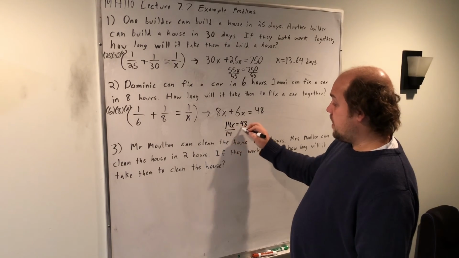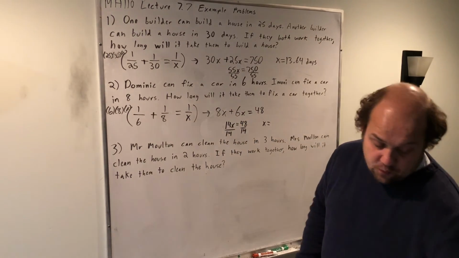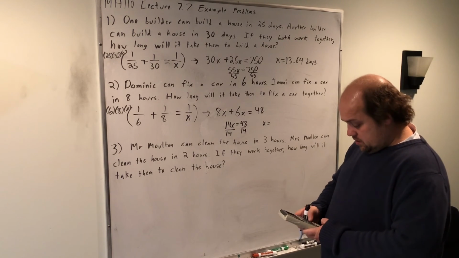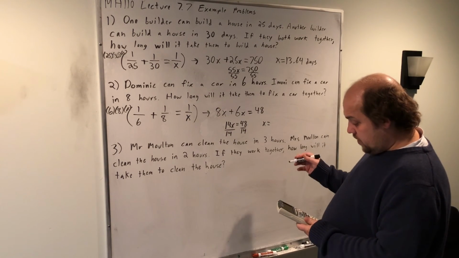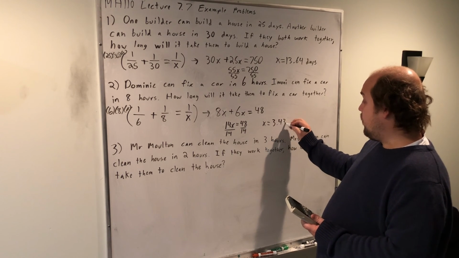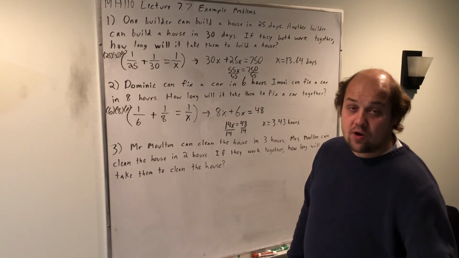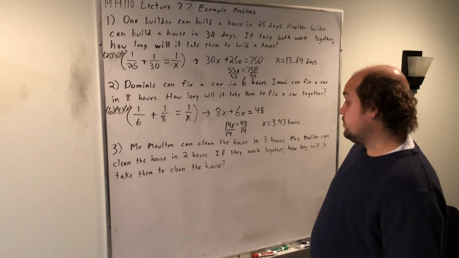I can then divide by that 14, and that would give me x equals 48 divided by 14, which is 3.43. So this would be 3.43 hours it would take Dominic and Amani working together to fix the car.